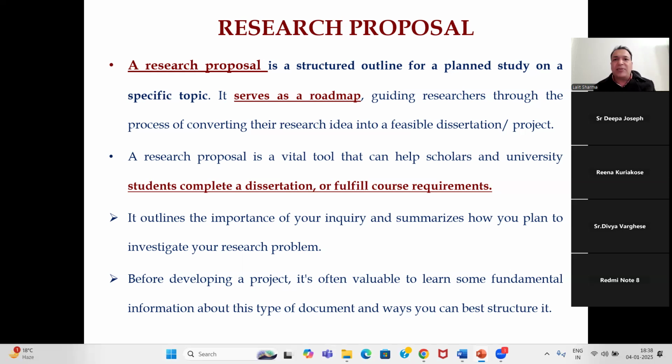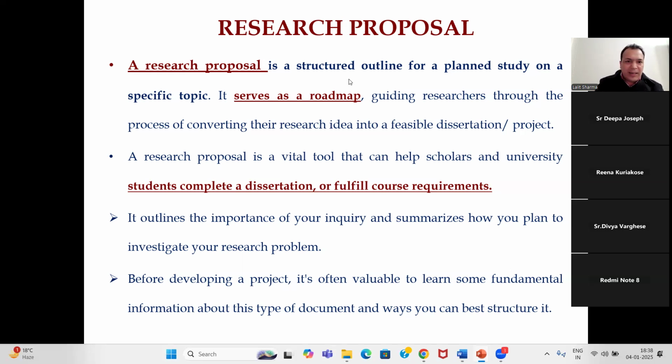What were the research objectives of your study? Which method did you use? Which is your sample? Which technique did you use? It should be on your fingertips. So this is the core subject, core research. It is also called a mini PhD, in fact, so the same lecture is very beneficial for PhD students also.